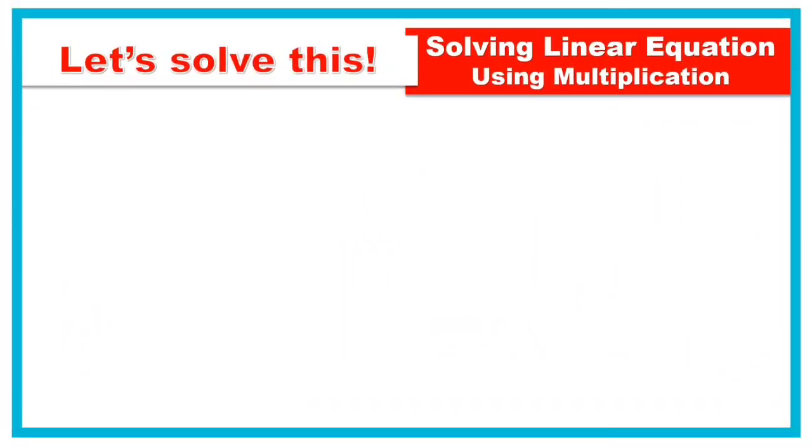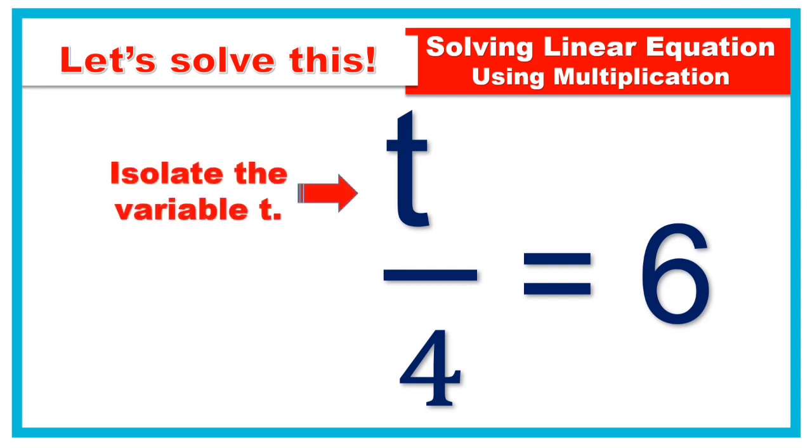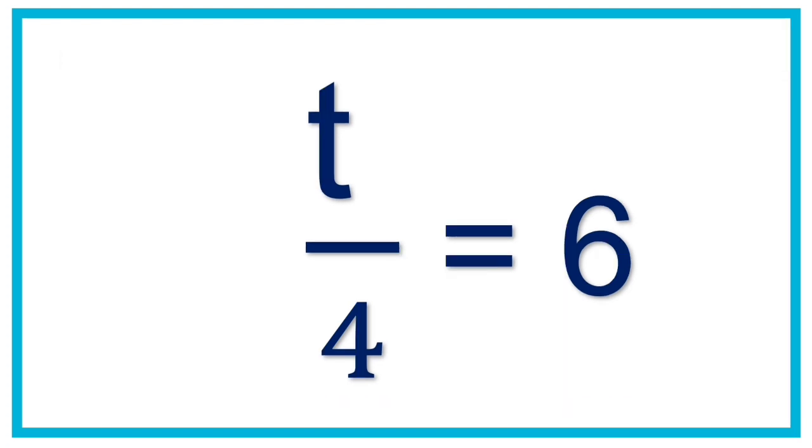Let's solve this. t divided by 4 equals 6. Our first step is to isolate the variable, and in this case, our variable is the letter t. How are we going to isolate t?